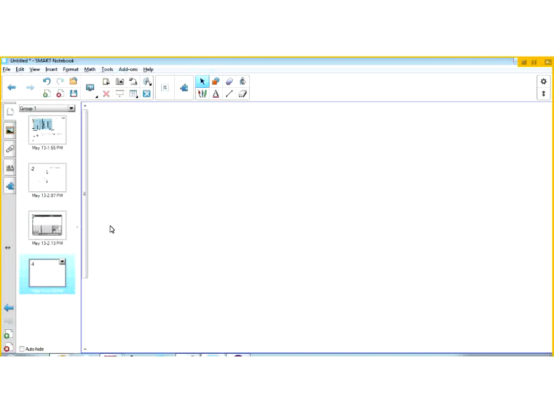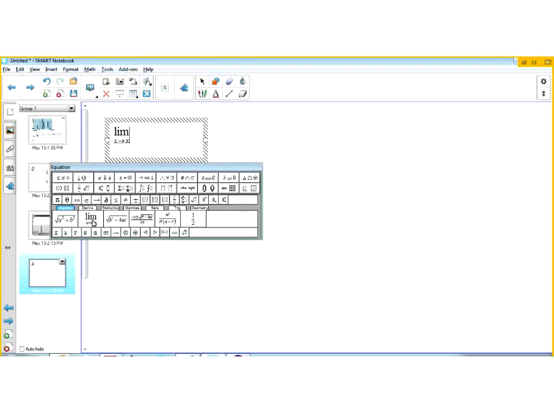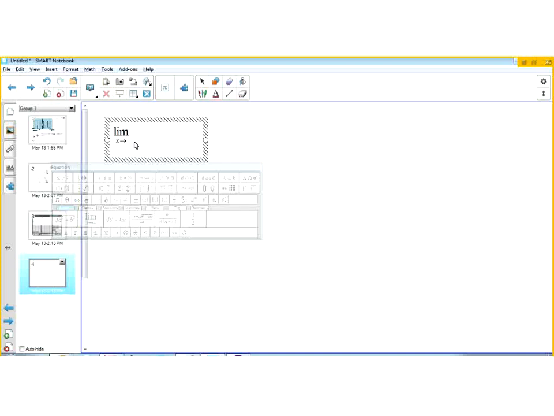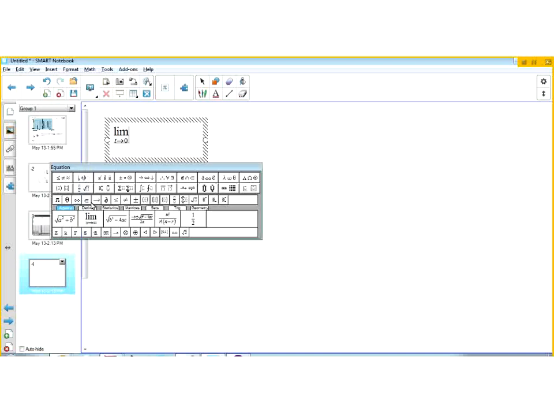Okay, so let's consider another limit for a rational function. The limit, say as t approaches 0 for this function. I'll have the square root, forgot where the square root symbol was.